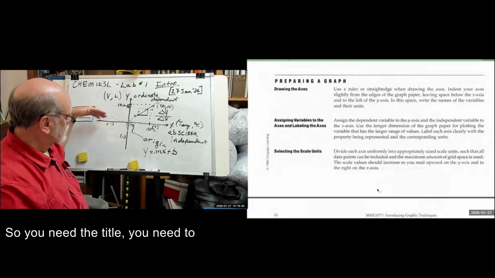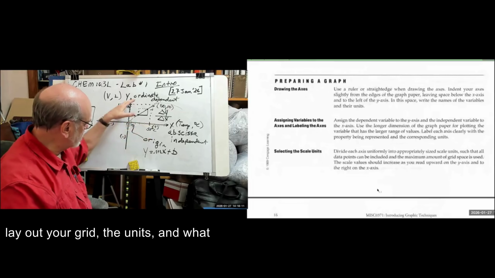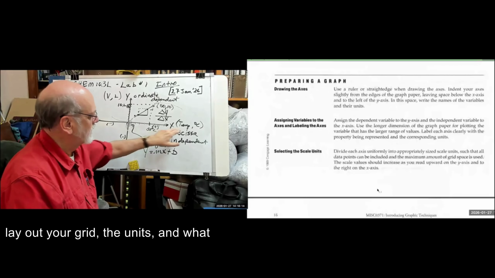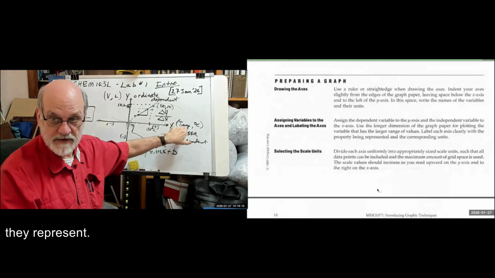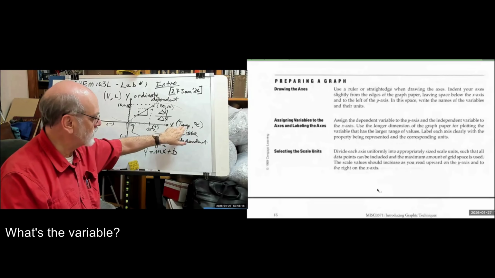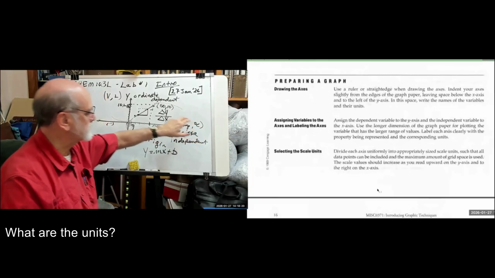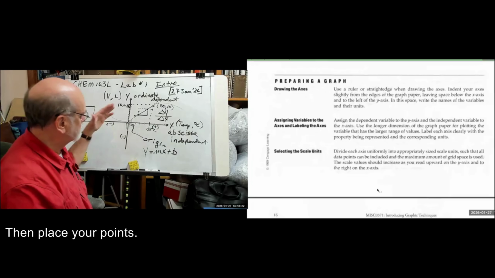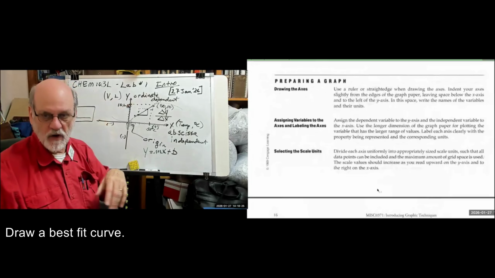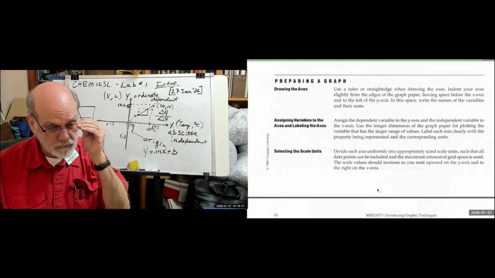So you need the title, you need to lay out your grid, the units, and what they represent, right? The value, what's the variable, what are the units? Then place your points, draw a best fit curve.